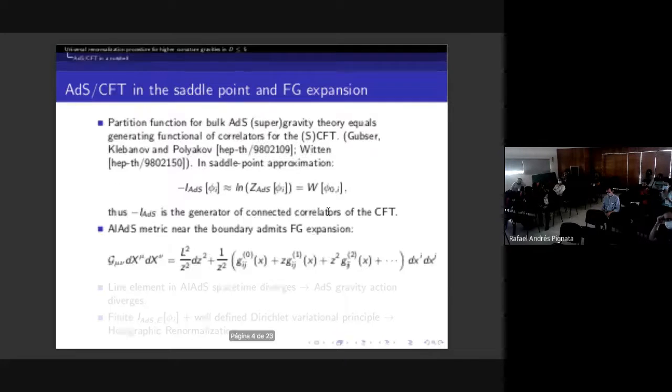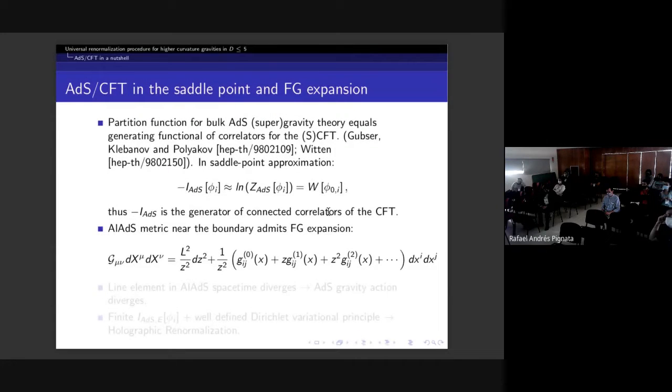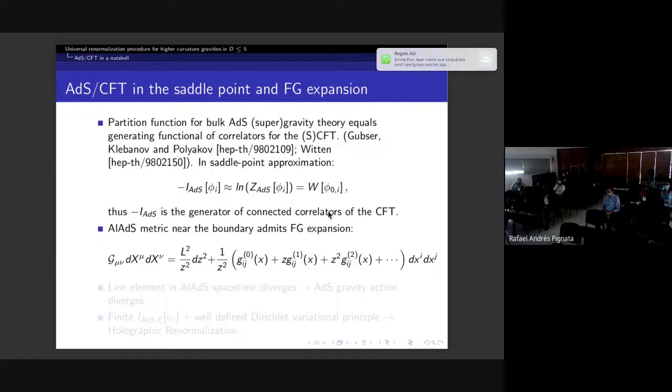Okay, good. But now there is a problem with this, which is basically what my work deals with. The point is the following: you can expand an asymptotically anti-de Sitter metric in this way. This is what's called the Poincaré patch.